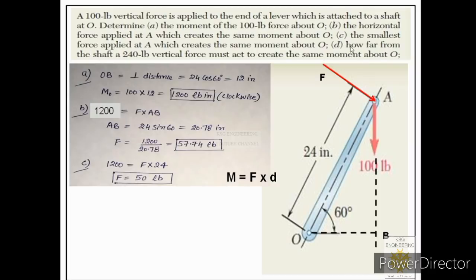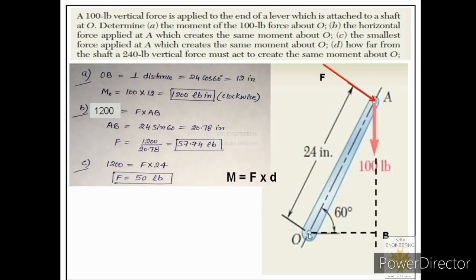Now let us see the D part. Determine how far from the shaft a 240-pound vertical force must act to create the same moment about O. Now he is asking how far from the moment center we should apply a vertical force on the lever so that the moment remains the same.